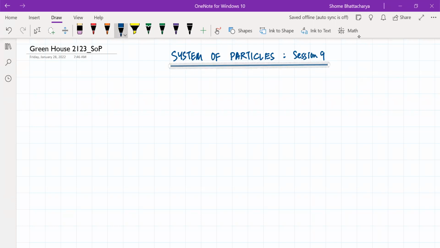Okay, so we had seen oblique collision of a particle with a rigid surface.